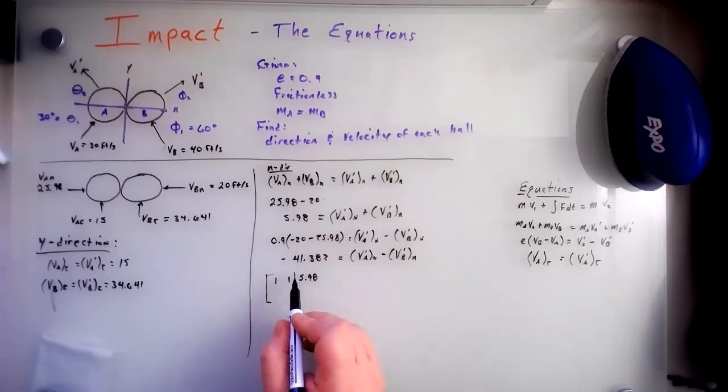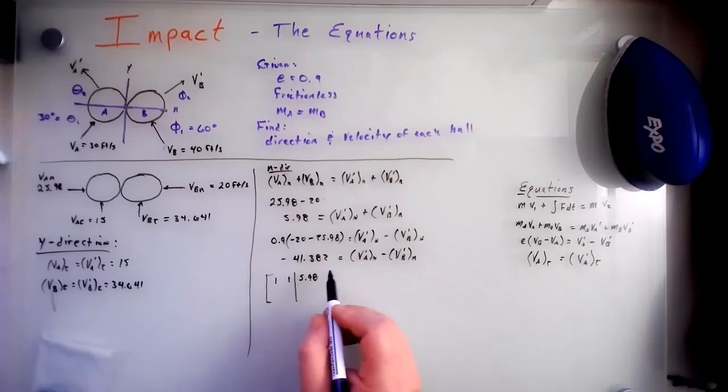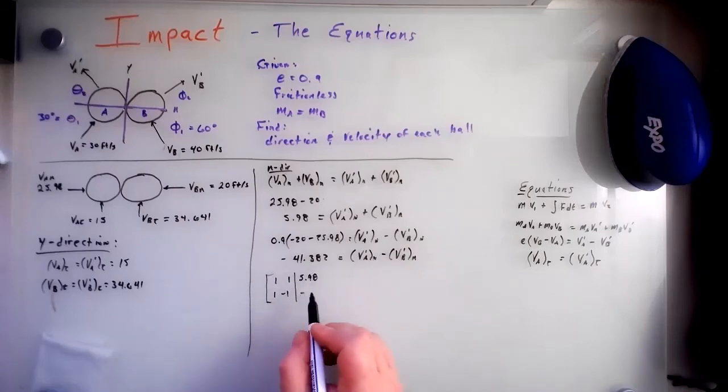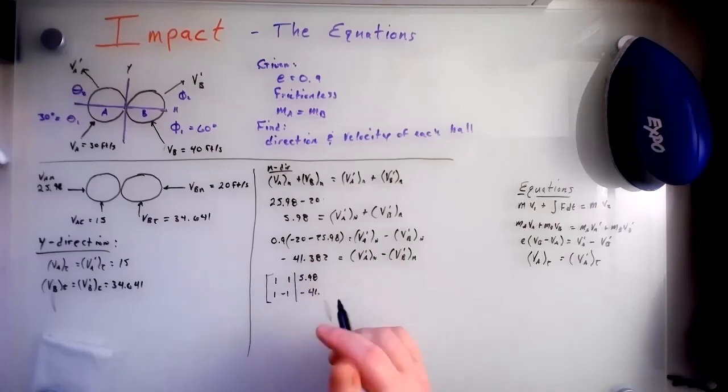If it helps, you can draw a line here. This represents the equal sign, okay? And 1 and minus 1, and this is equal to minus 41.382.